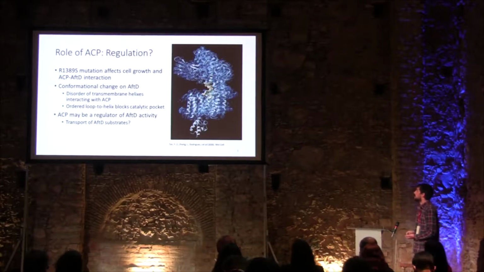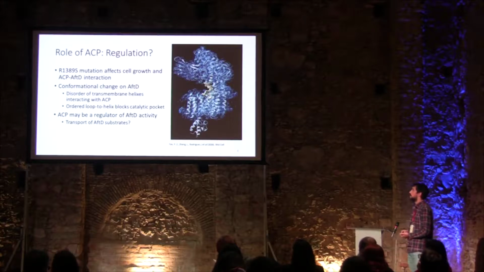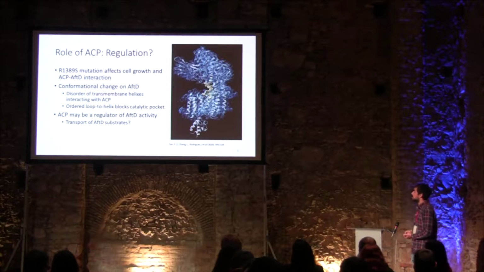And so we think that ACP may be regulating AFTD activity because when we abolish or impair the interaction between ACP and AFTD, there is conformational change and a blockage of the catalytic site.